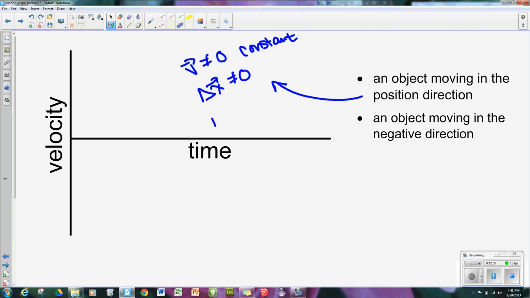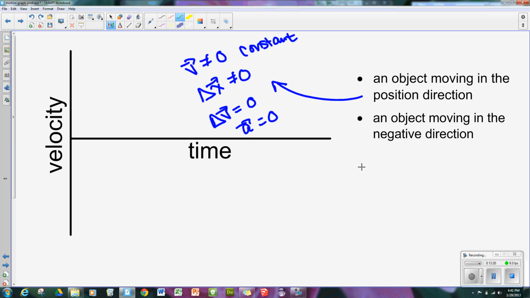Its change in velocity does equal 0 because if it's positive 10 minus positive 10 is 0. So regardless of how fast it's going, it's not changing, so it's 0, which means its acceleration will be 0.